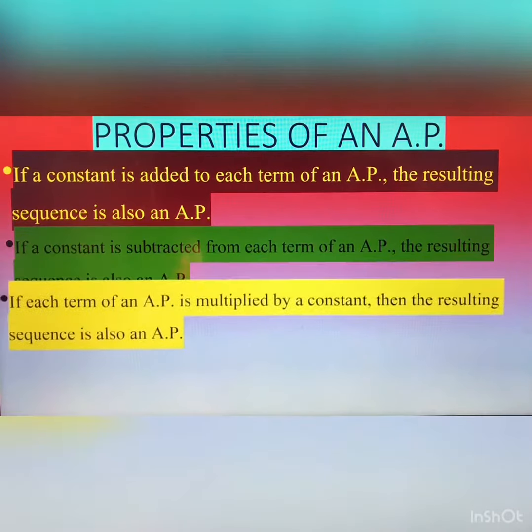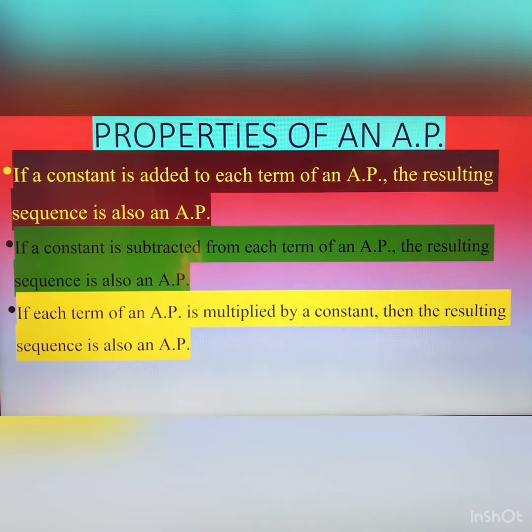After that, if each term of an AP is multiplied by a constant, then the resulting sequence is also an AP. Means if we take any number and multiply it to each term of the AP, then we will get a new AP that is also an AP.